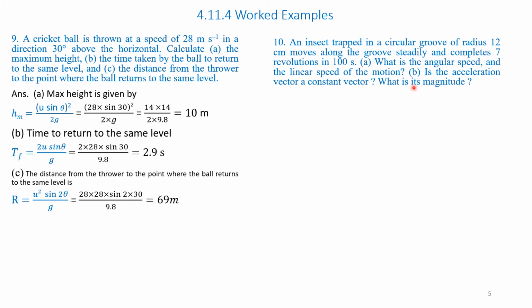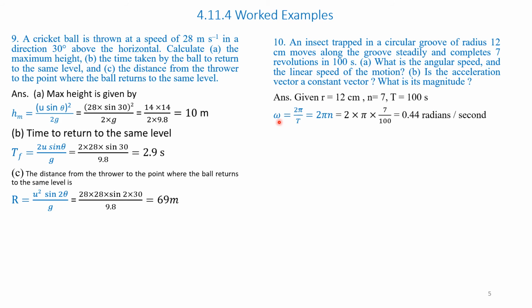What is its magnitude? Please read the problem again and analyze. The radius of the circular groove is 12 centimeters. Let us solve it. Given r is equal to 12 centimeters, number of revolutions is 7, and time is 100 seconds.